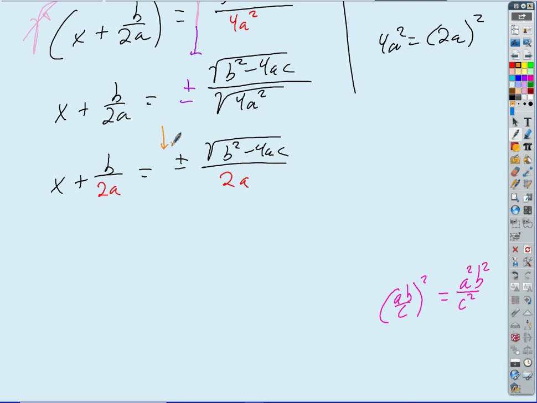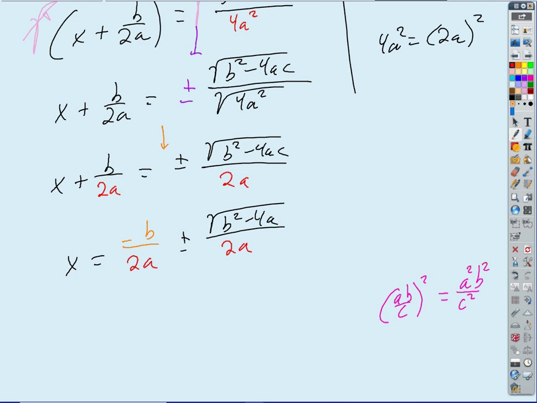Okay, so if I subtract that from both sides, I'm going to end up with x equals negative b over 2a, but that's a common denominator, right? I guess I'll write it one last time. Plus or minus the square root of b squared minus 4ac over my common denominator.